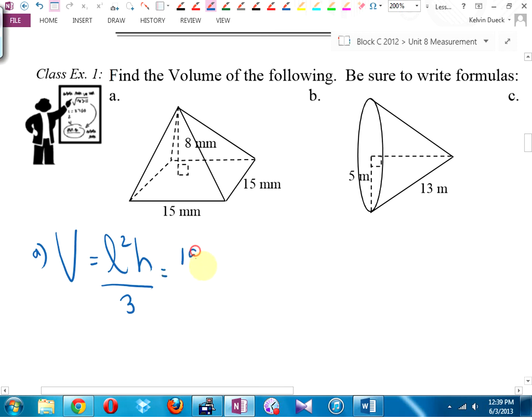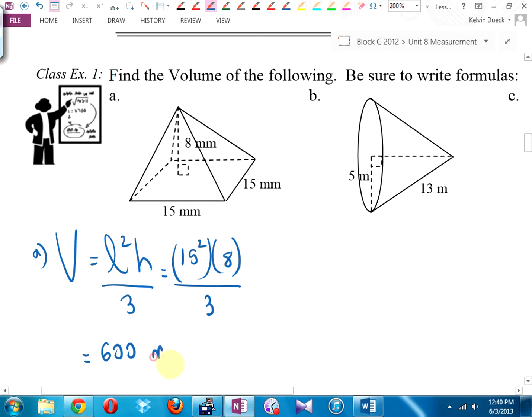It's going to be 15 squared times the height divided by 3. 15 squared is 225, divided by 3 is going to be 75. 75 times 8 is going to be 600. Don't quote me on that. Yes? Hey, that was pretty good.